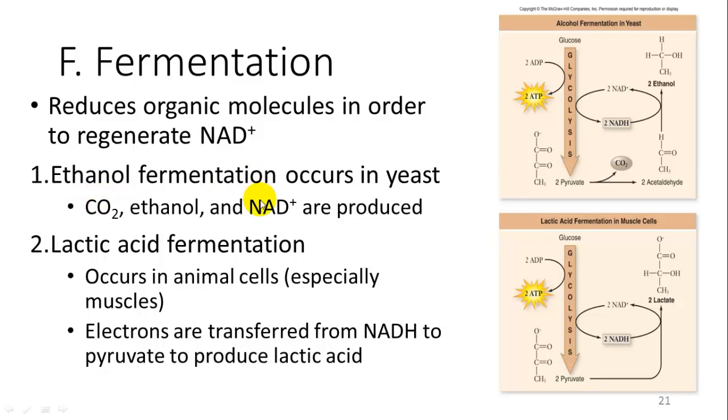In ethanol fermentation, the end product is ethanol, and that happens in a lot of plants mostly. In lactic acid fermentation, which is what most animals do, you have lactic acid or lactate as the end product. So pyruvate as the end product of glycolysis is then converted back to lactate. As it does so, it creates more NAD plus.